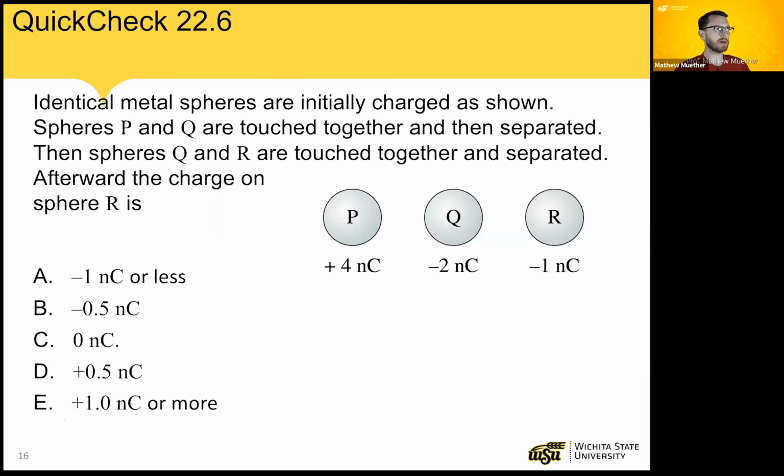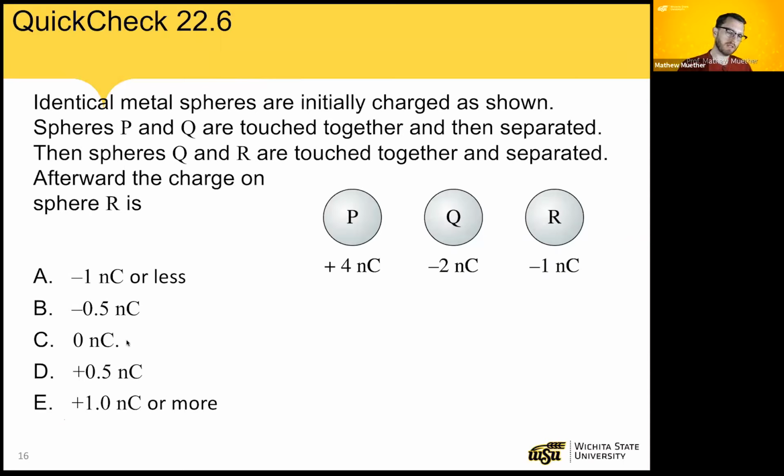Okay, I'm going to give you about 20 more seconds. A few last answers coming in. Okay, I'm going to end the poll. The majority thought that it would end up with 0 charge on sphere R. Okay, let's see if that's correct.